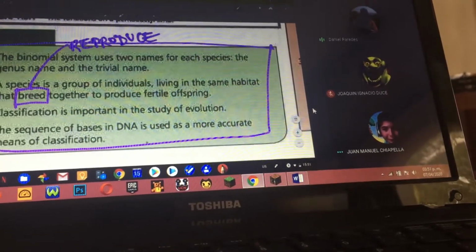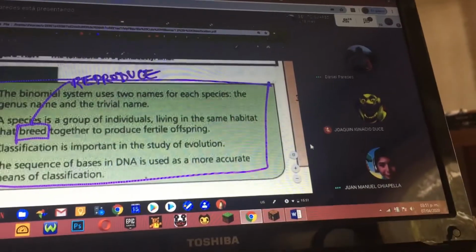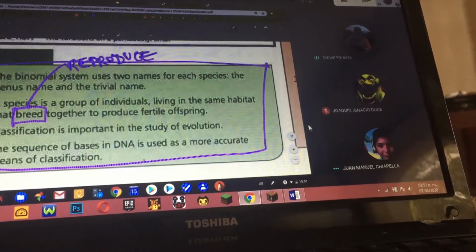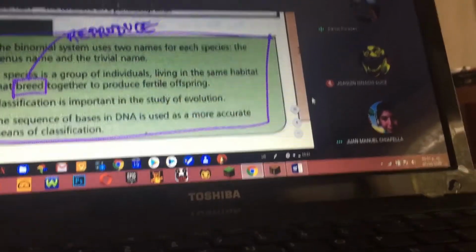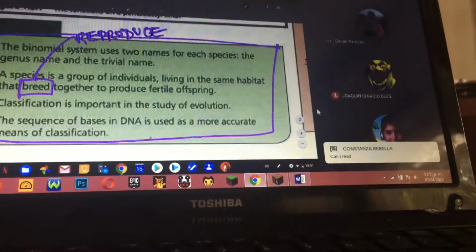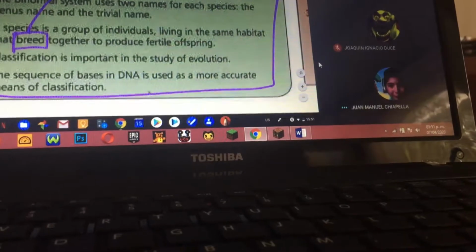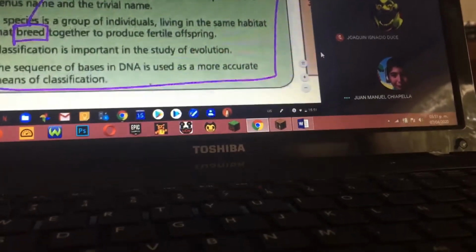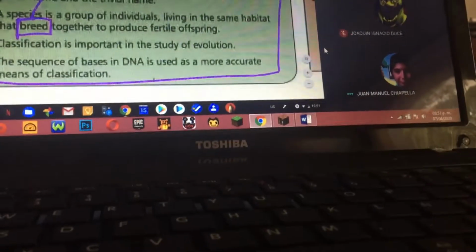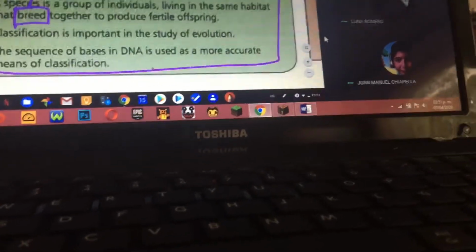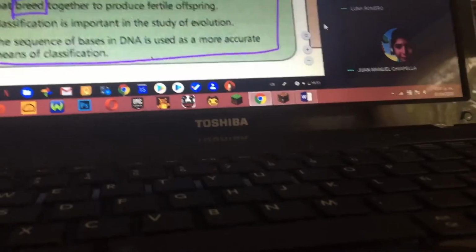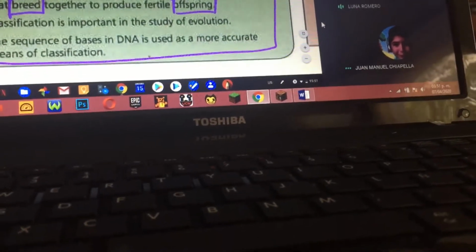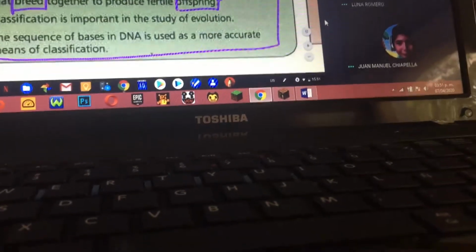If somebody lives in China and the other person lives in Norway, how are they going to reproduce? Over the phone? Over Skype? No. So they have to live in the same habitat, in the same neighborhood. So they live in the same habitat and breed together to produce fertile offspring. And this means babies.